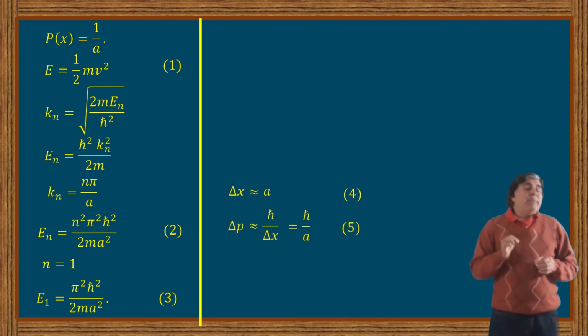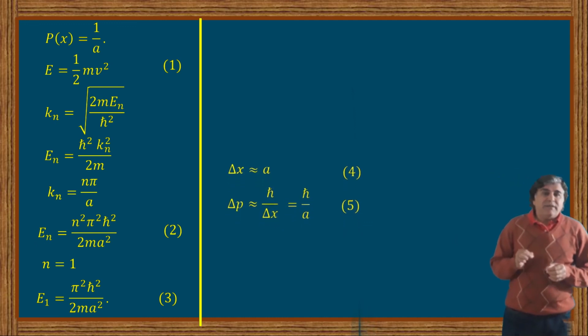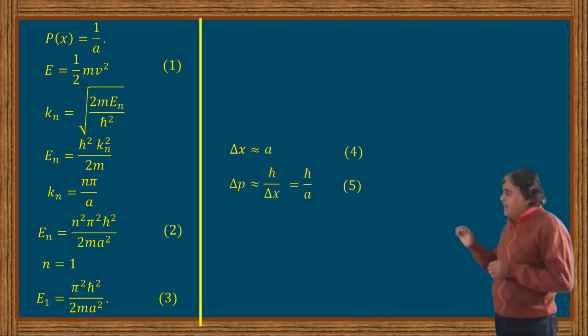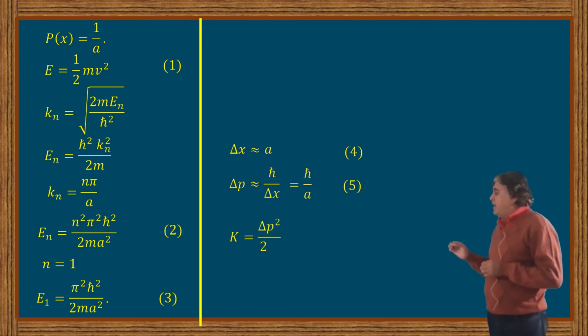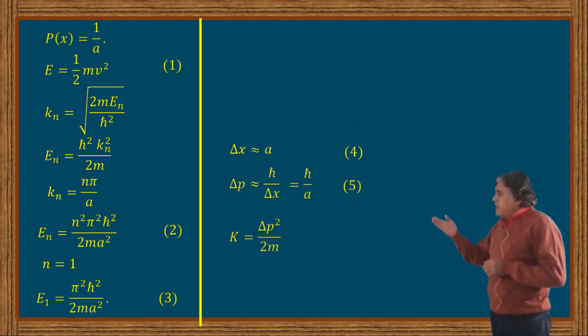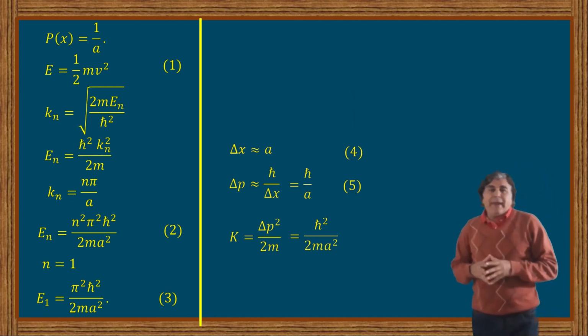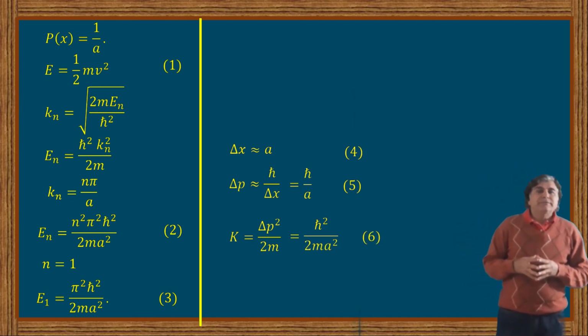This leads to the minimum kinetic energy for the particle by using the kinetic energy equation, that is K equals delta p squared divided by 2m, and substituting the value of delta p, I can write the result as h bar squared divided by 2m times a squared.